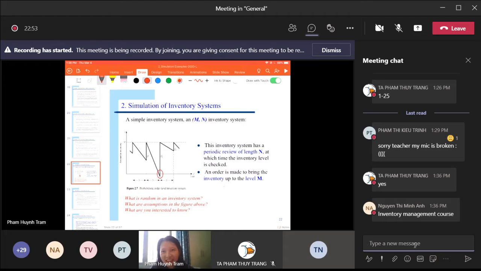If you have a management information system like SAP, you can check your inventory anytime. But if not, then you can choose to go and check your inventory after a certain period, maybe after 1 day, or after 1 week, 2 weeks, and so on. So you have to design a review period. Let's call that review period N.